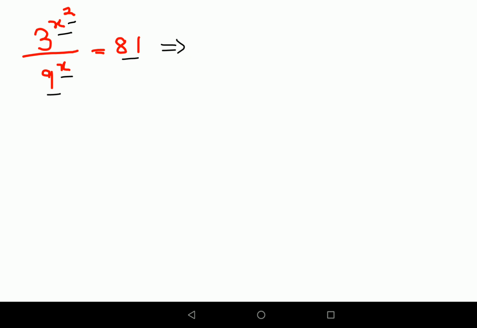I can convert this question in terms of 3 raised to x square upon 3 square, the whole raised to x, equals 3 raised to 4. 81 is 3 raised to 4. Now 3 raised to x square we'll keep as it is.